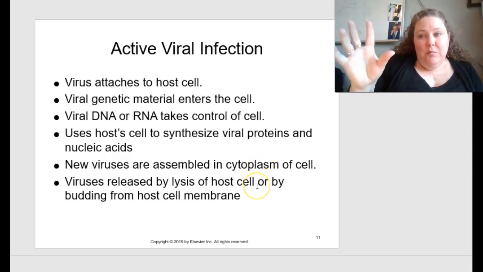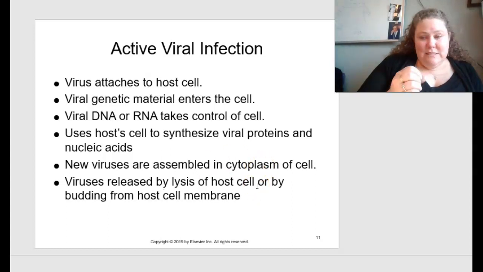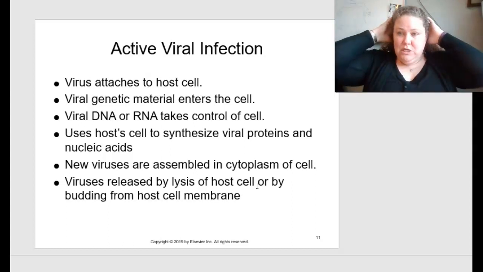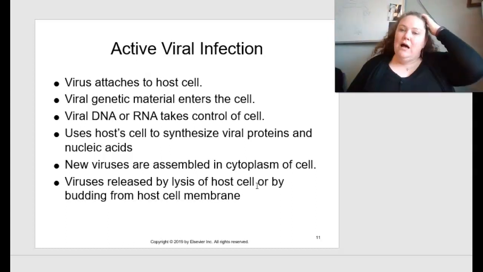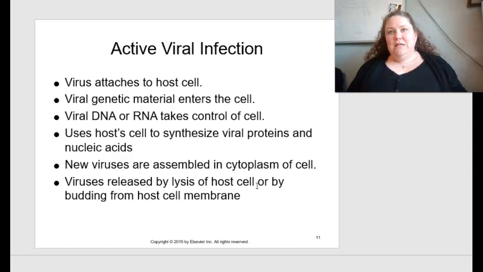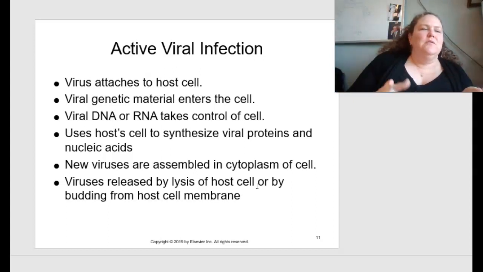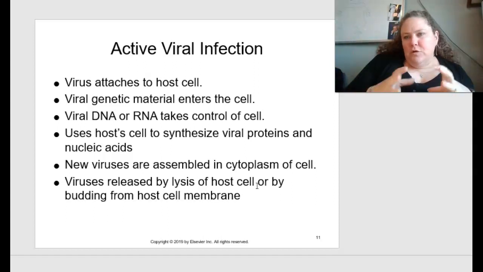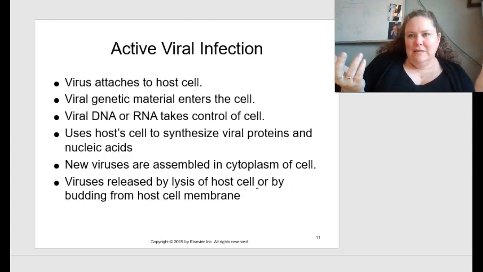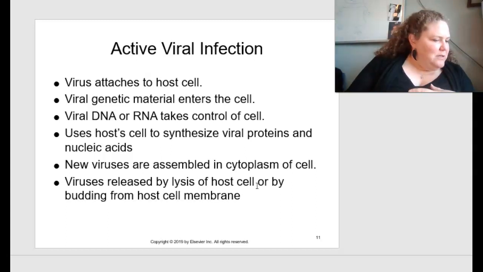Or if it's nice, it can bud off, right? But a lot of times it causes this huge lysis or explosion of the actual host cell. And so then, the cell that didn't have a choice anyway, but was being nice, right? Not that cells really have minds, but whatever, we'll pretend. And it made all this stuff because it was hijacked and was told to, then it gets killed at the end. And it's like, come on, Mr. Virus, you're being really mean.